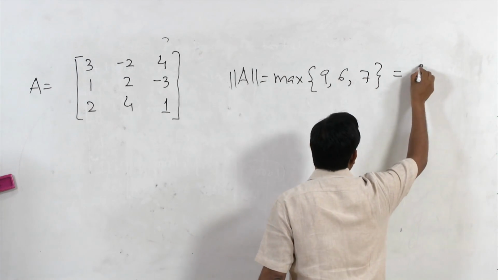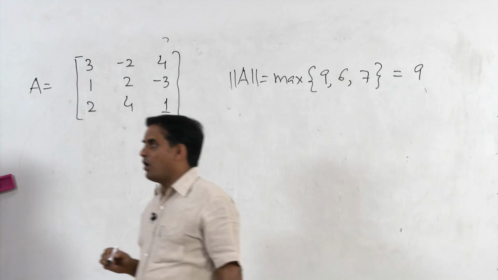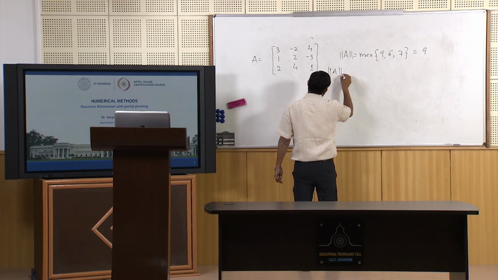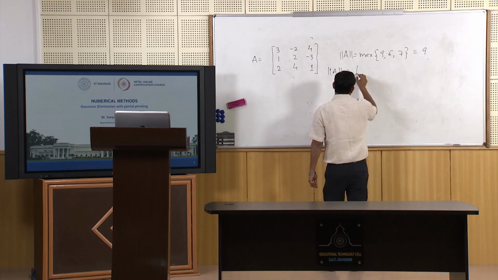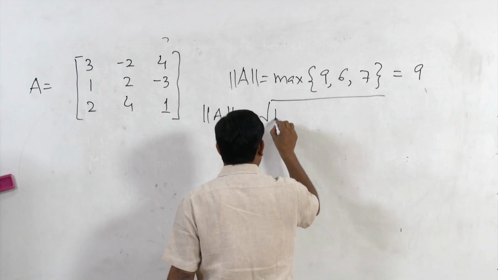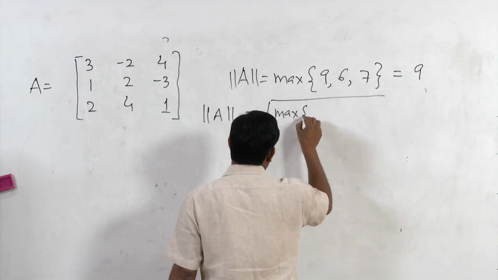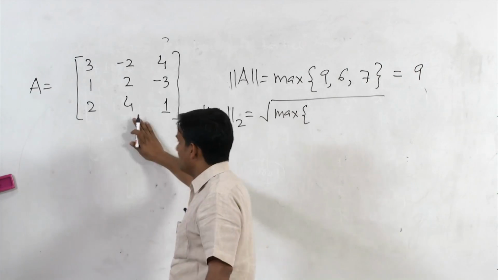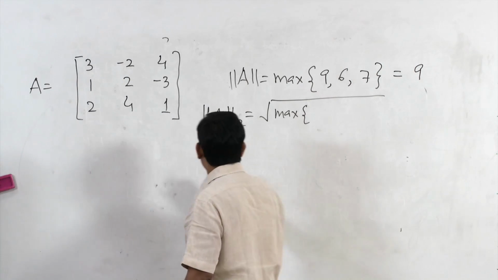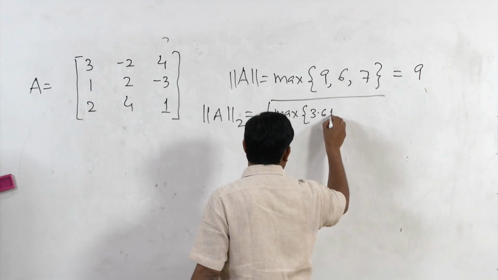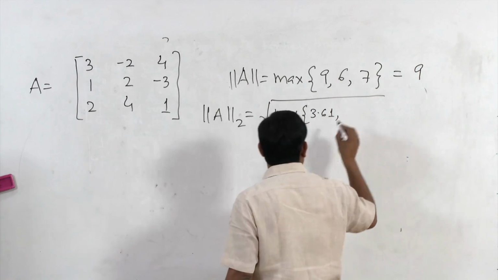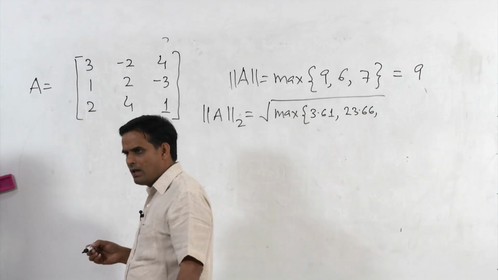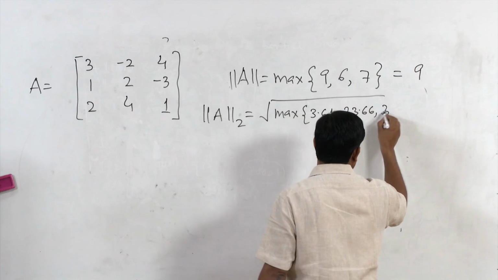So it is 9. On the other hand, Euclidean norm for this particular matrix will be square root of maximum of eigenvalues of A transpose A. So, if this is the A transpose A, it will be having the eigenvalues as 3.61, 23.66 and 36.73.